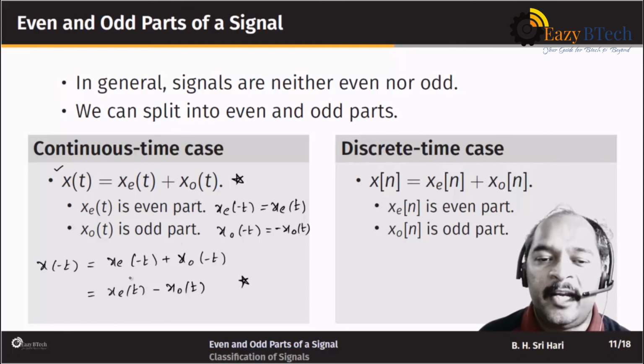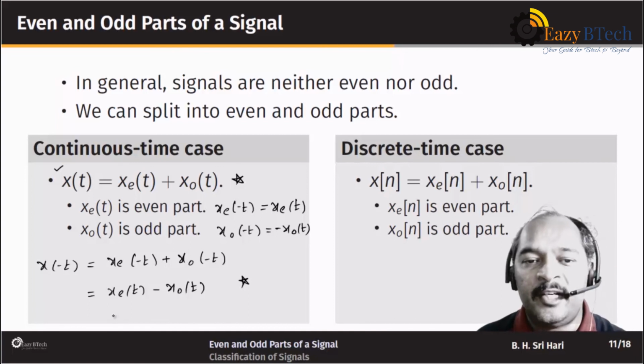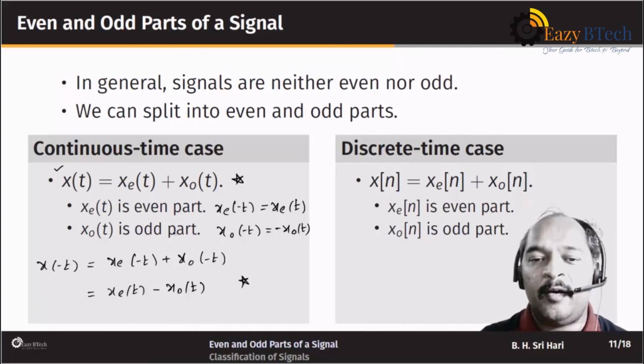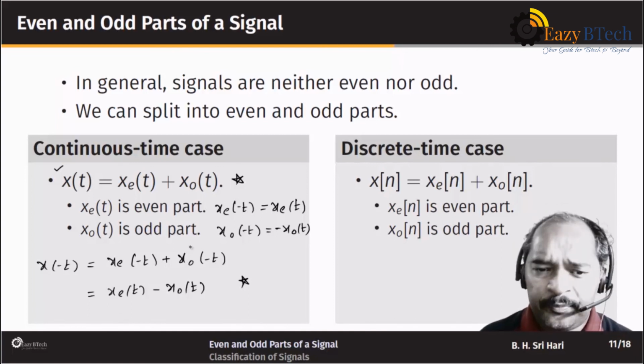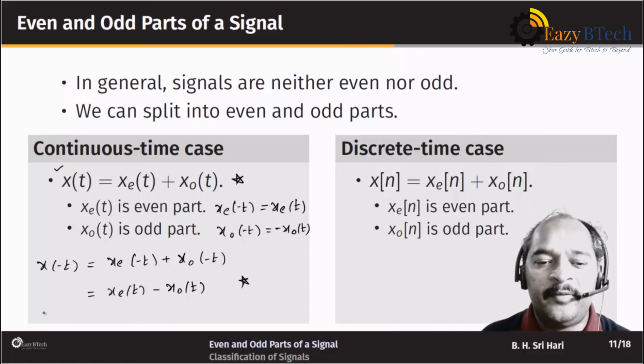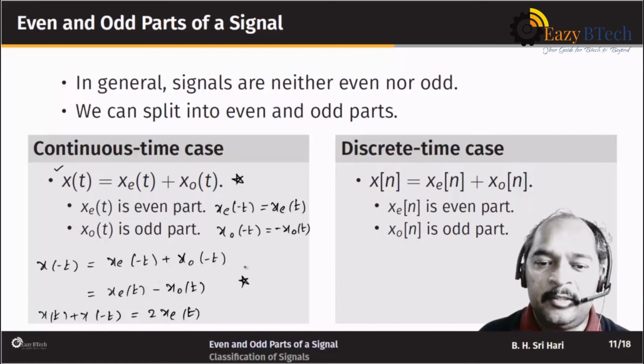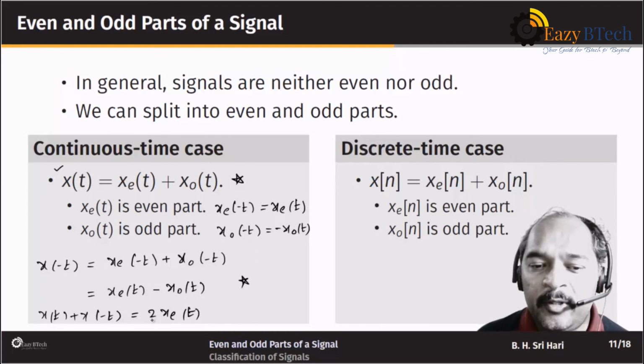This implies x of t plus x of minus t would be equal to 2xe of t, and you can send the 2 to that side to get the even part.